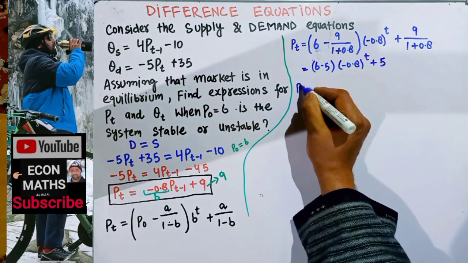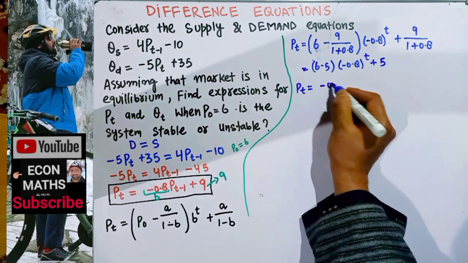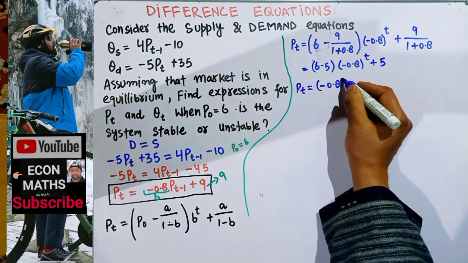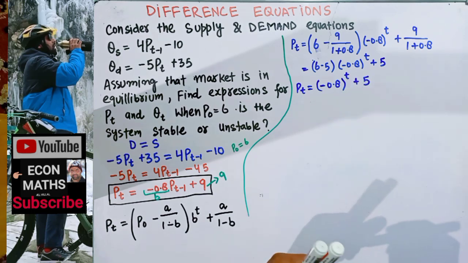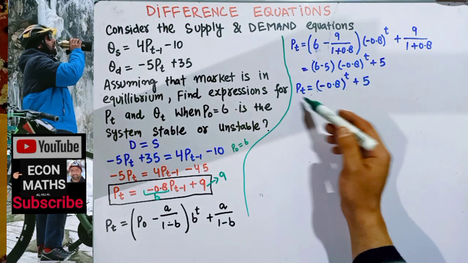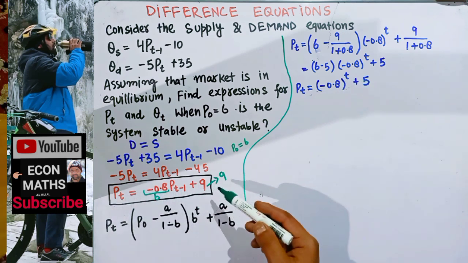So our pt will be equal to 6 minus 5, which is 1, times minus 0.8 raised to the power t, plus 5. This equation is the definite solution of this first order linear difference equation.